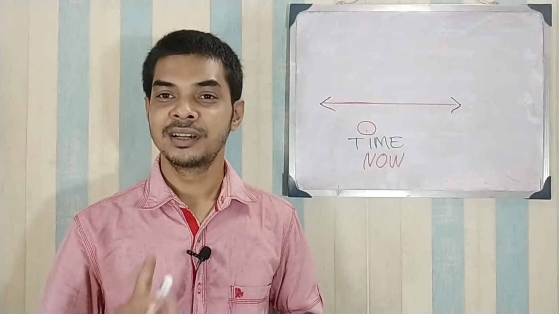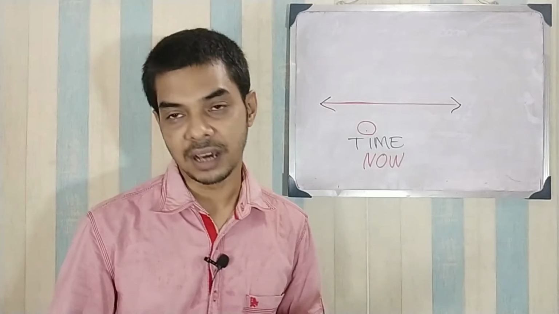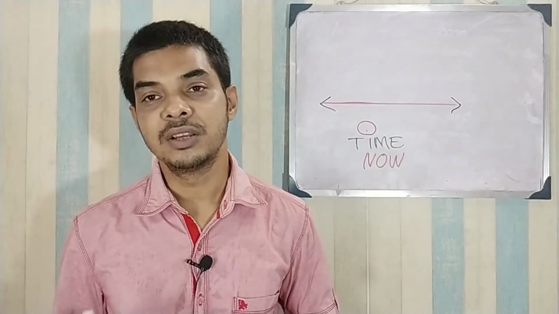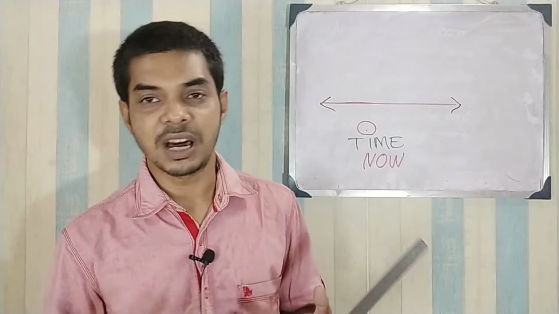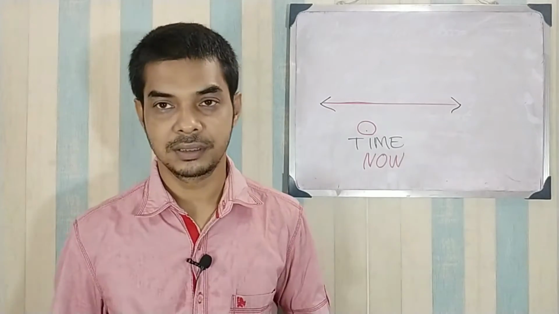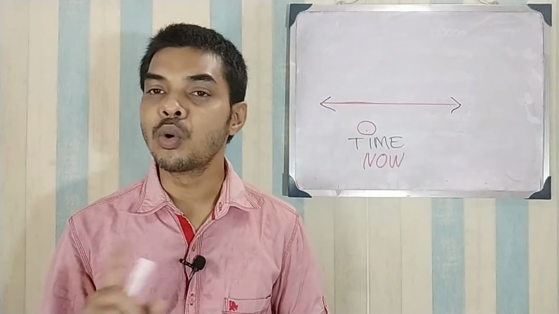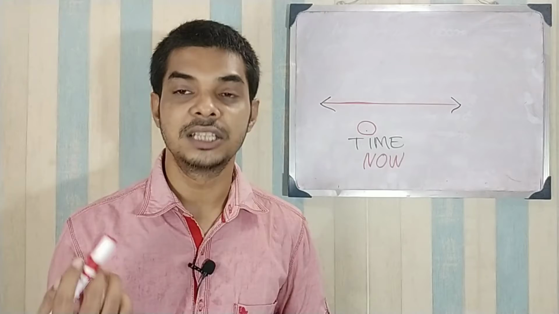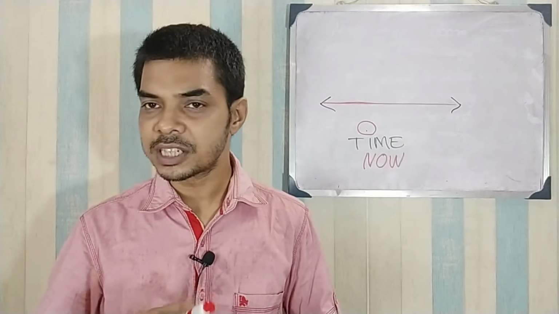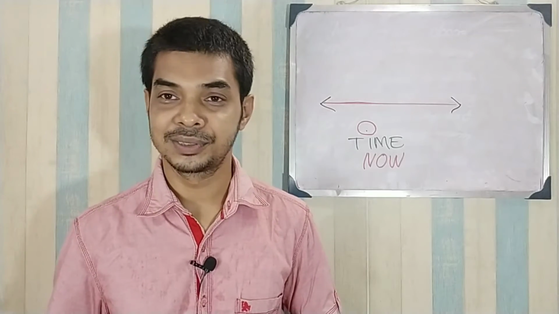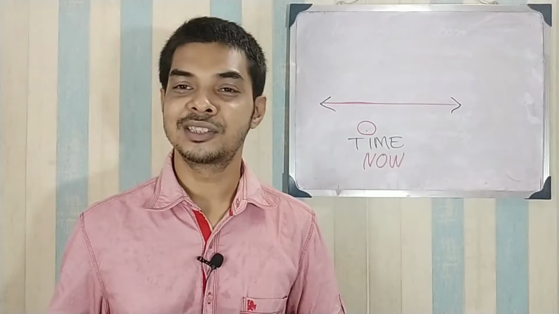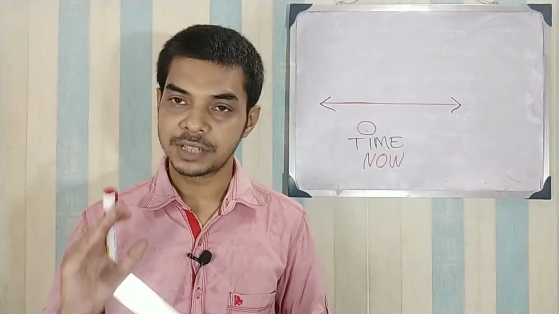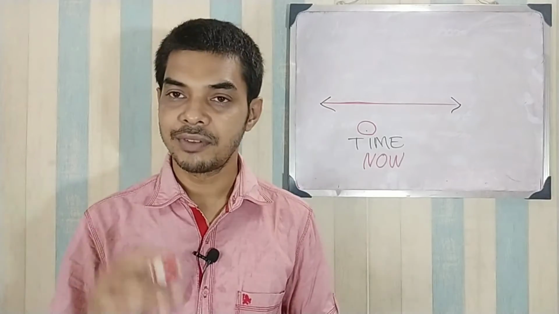Remember, dear friends, whenever you are given a sentence and asked which tense is there, you say either it's present tense, past tense, or future tense. But believe me, there's no such tense that we call present tense or past tense or future tense. They are but time. So what is tense? The tense is something else. We'll discuss it later. But remember, these 3 are time: present time, past time, future time.